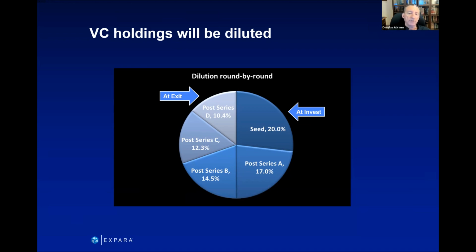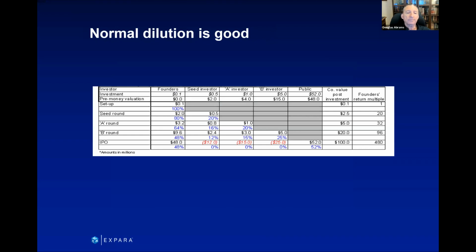And then Series C only has to adjust by 15% because they're only going to be diluted one time by 15%. So this is why later rounds can have higher valuation. And this is an example of how dilution works.